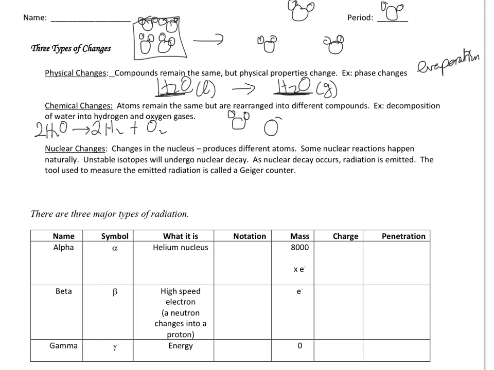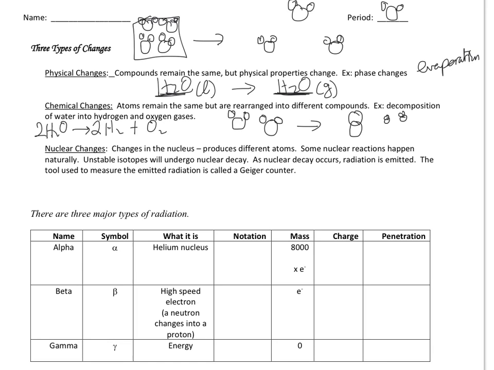There are your 2 H2Os, and then they turn into an oxygen molecule and then 2 hydrogen molecules. So the oxygens and the hydrogens remain the same. The elements or the atoms remain the same. You started out with 4 hydrogens and 2 oxygens. You ended up with 4 hydrogens and 2 oxygens, but they are rearranged to form different compounds, and so your formulas are different.